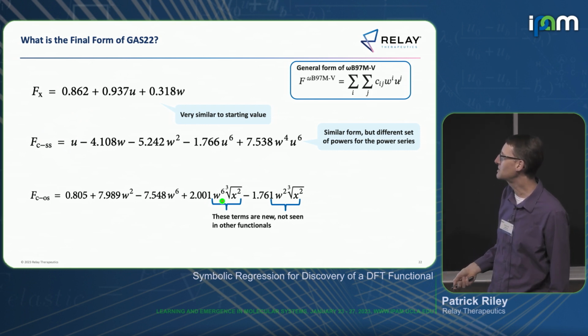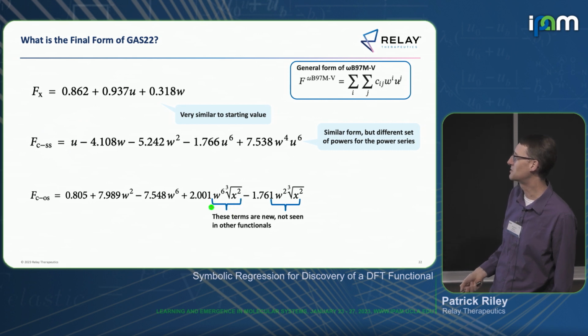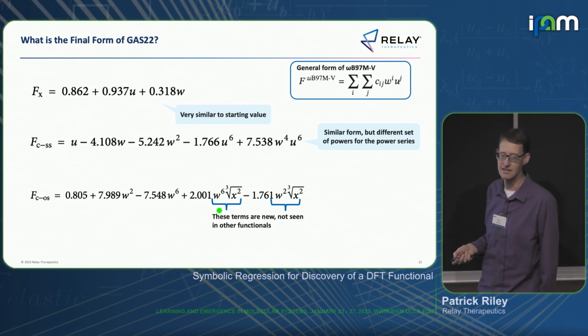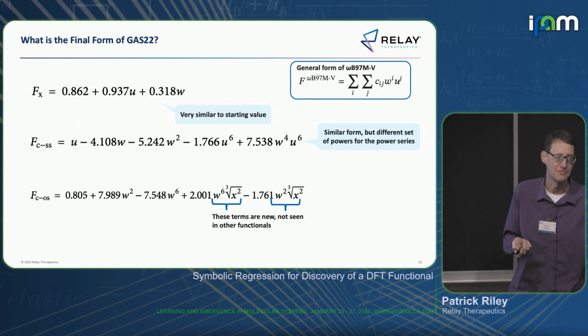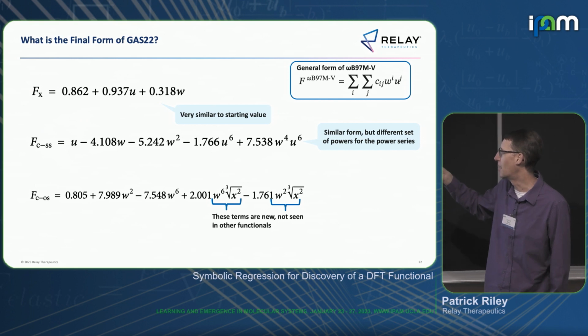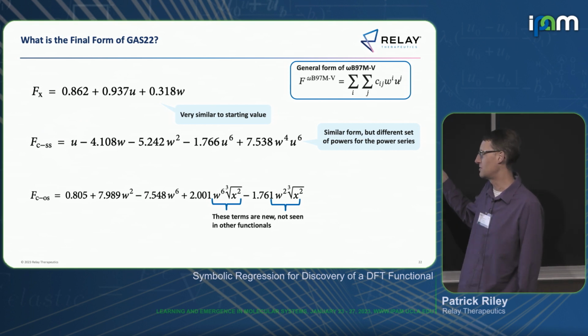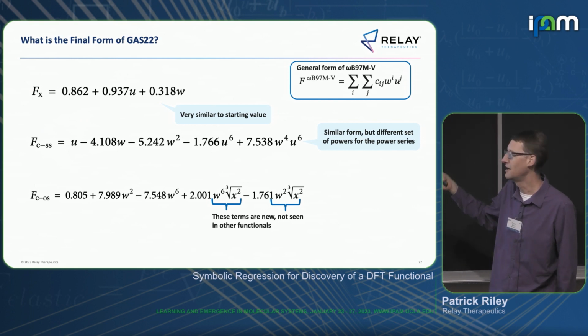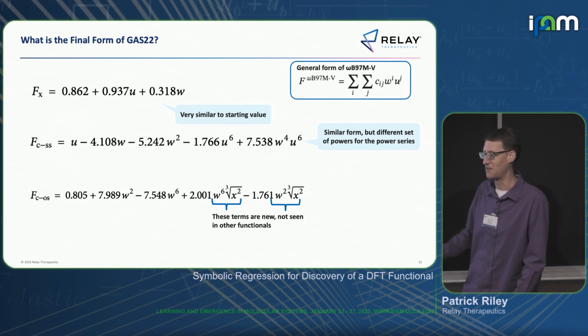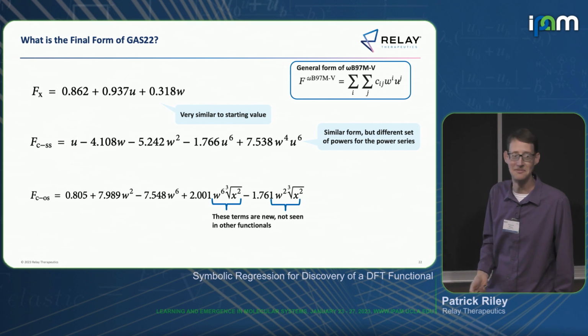And then the opposite spin correlation, the kind of funny thing that showed up is we have this thing to the 2/3 power that doesn't exist in any other functional that we're aware of. So we have this new term combining the function of the kinetic energy and the reduced density gradient. It is a form of this combination that is not observed in another functional and appears to work well.